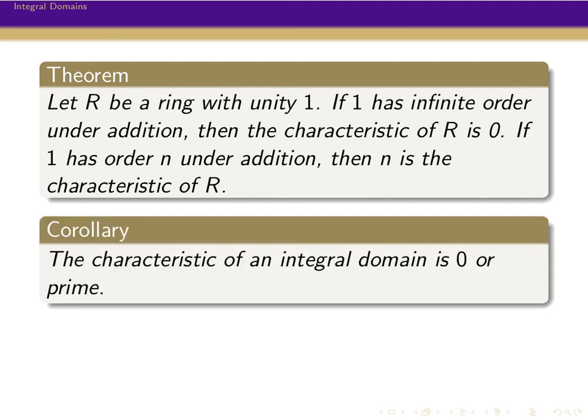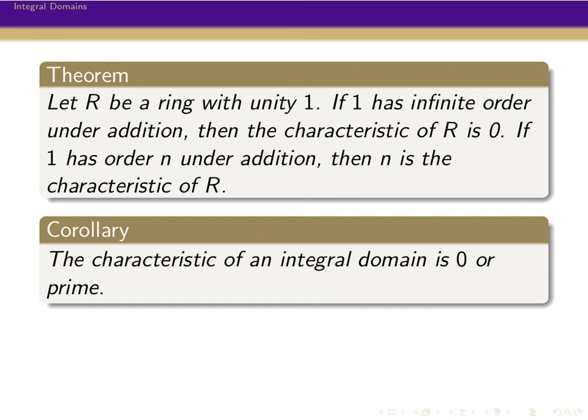So, an important corollary of this is that the characteristic of an integral domain has to be 0. If it's not 0, then it's going to be prime. So let's give a quick proof of this.